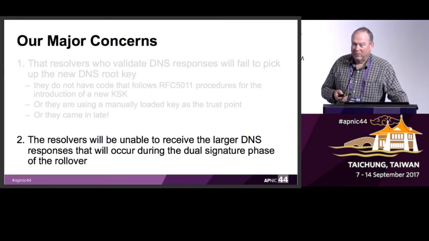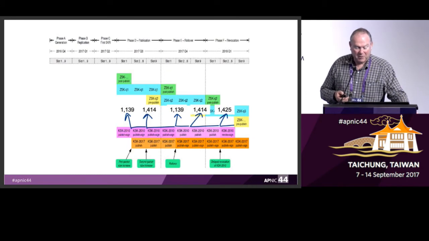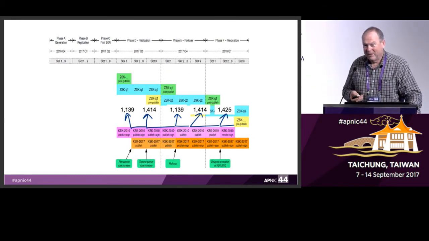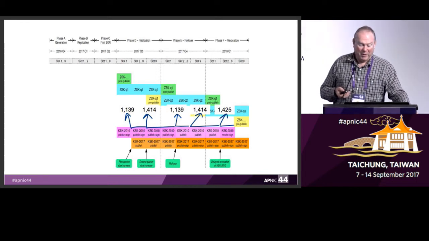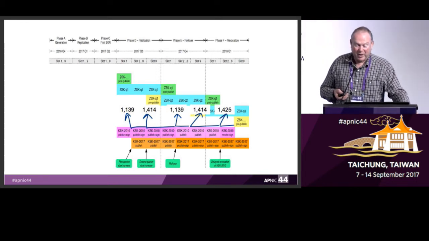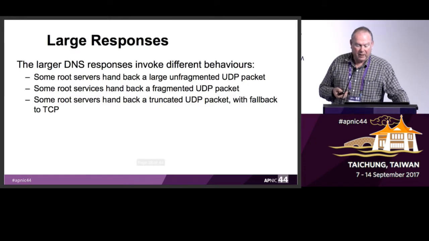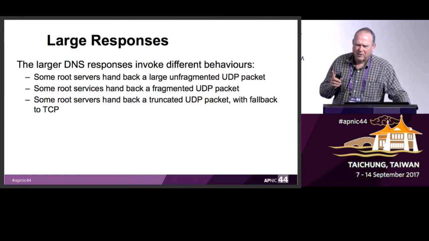The other one, though, we can measure: big responses, because big responses in the DNS come in various stages. This is the same information as Ed's, using a slightly different presentation format, but as you see, 1,139 rising to 1,425. And we do know some resolvers really don't like that. The other thing is that there are 13 root server clusters and there are a minimum of 13 behaviours.